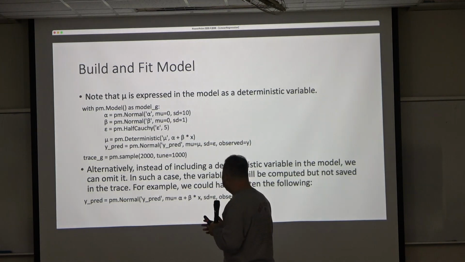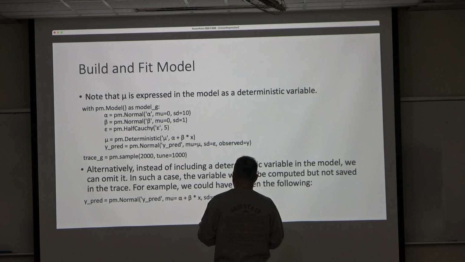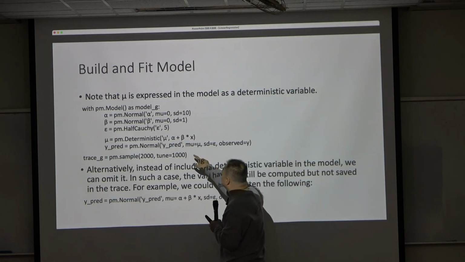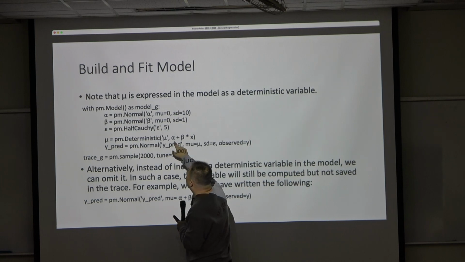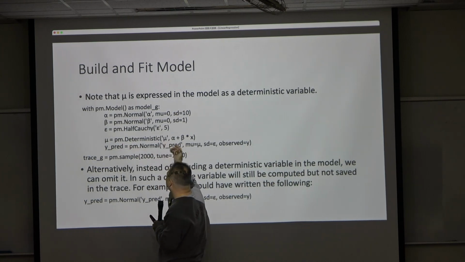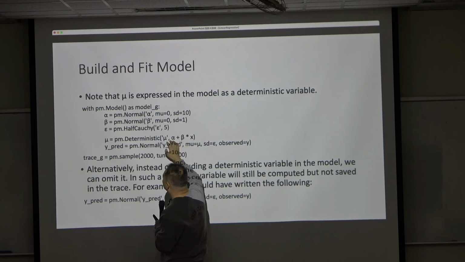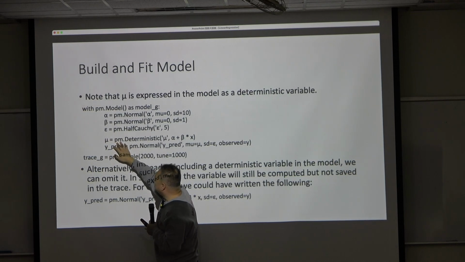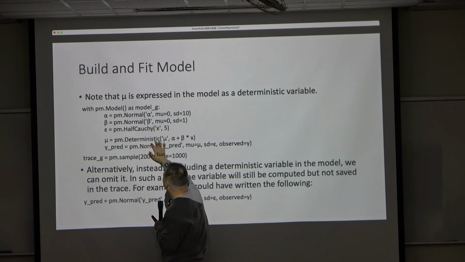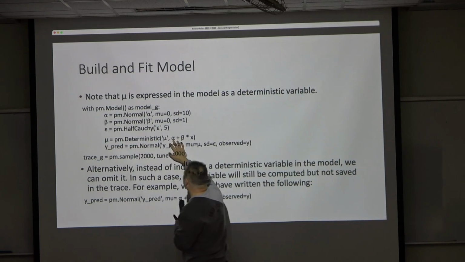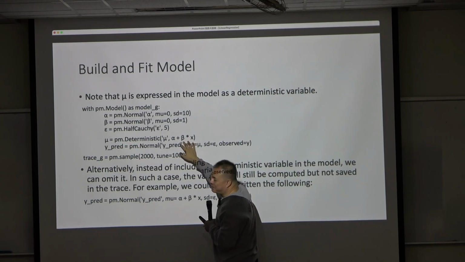Here, the deterministic variable, such as mu: you can remember I said you can put mu outside because it's deterministic, but if you put it outside, you have to use pm.Deterministic to indicate that mu equals alpha plus x times beta.